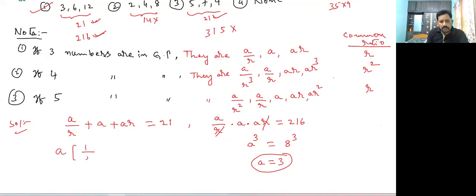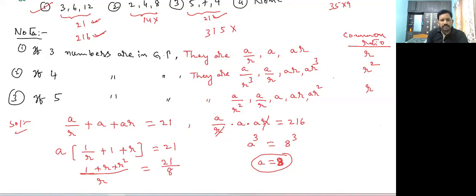Remaining, what is there? 1 by r plus 1 plus r, that is equal to 21 by 6. Take the LCM.